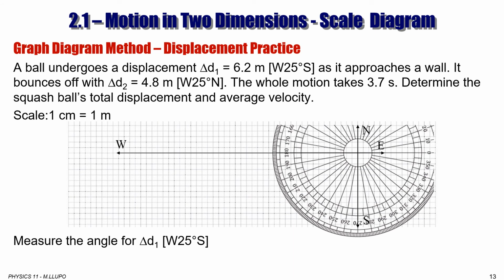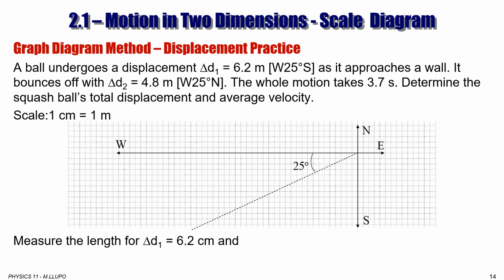Then you can actually count 10 degrees, 20, 25. So I put a dot here and I draw a thin line, so I have a line to measure later. So I measure the angle, and that is a very important step.